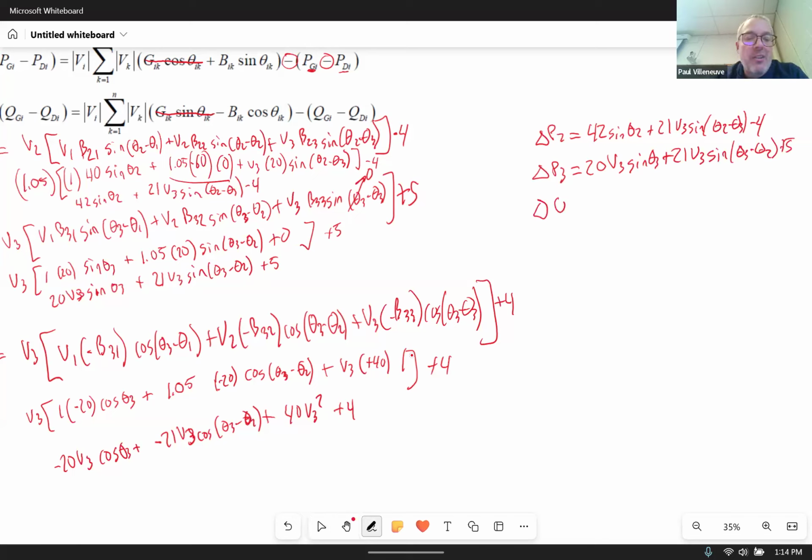My last power balance equation, negative 20 V3 cosine theta 3 minus 21 V3 cosine theta 3 minus theta 2.